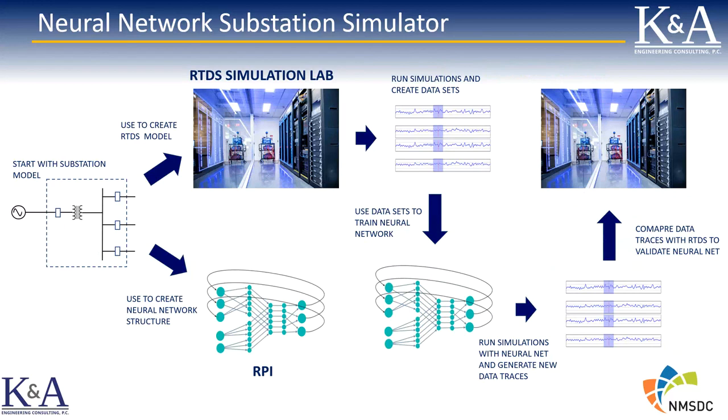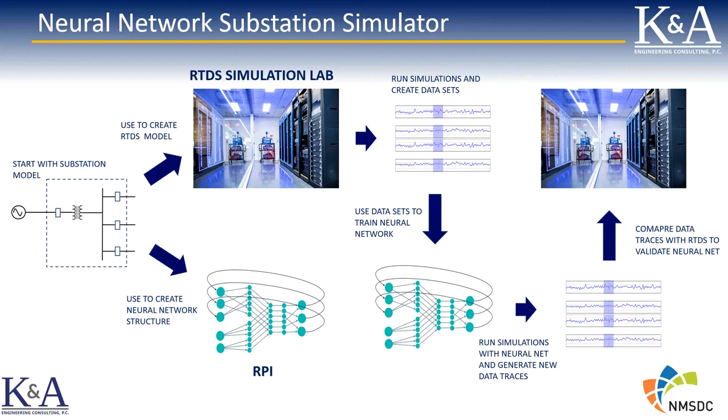So in this project, we start with a model of the substation. We gave that model to both the students at Rensselaer and to the utility that is allowing us to use their RTDS simulation lab. They created the model to run in the lab, then they ran simulations, and out of those simulations they generated the data sets or data streams.